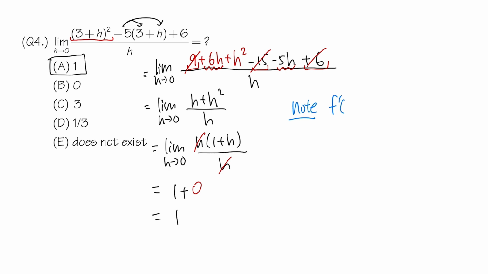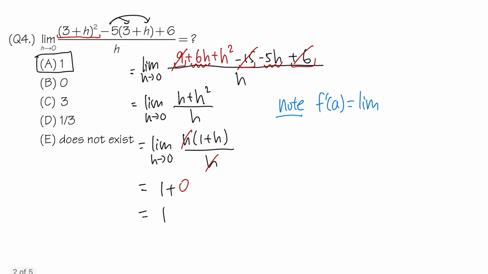When we have the derivative f prime of a, this by definition, it's a limit as h approaching 0 of f of a plus h minus f of a all over h.